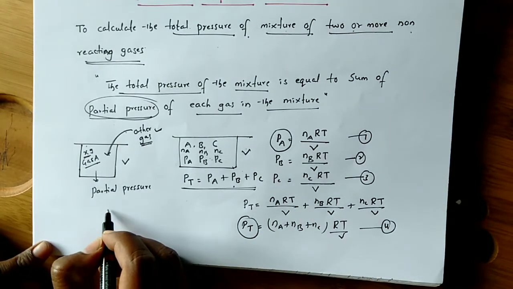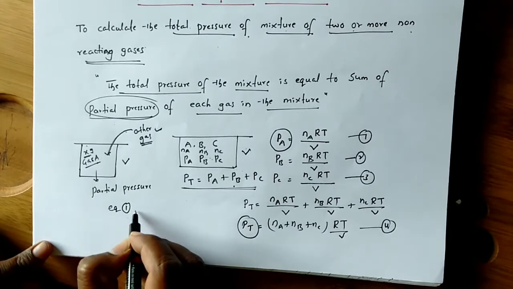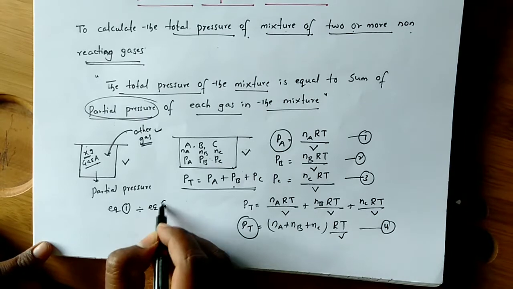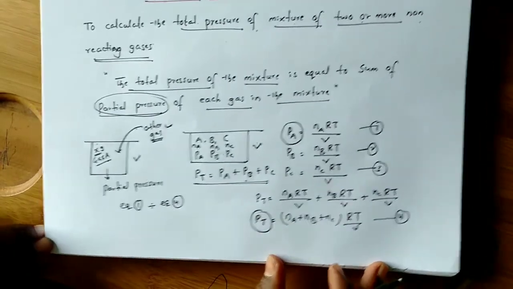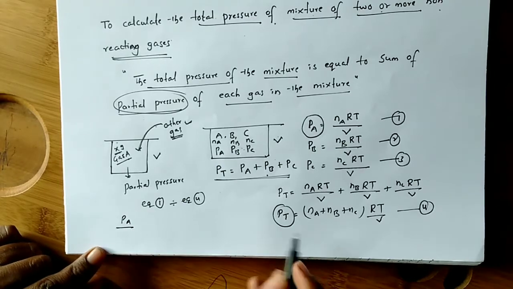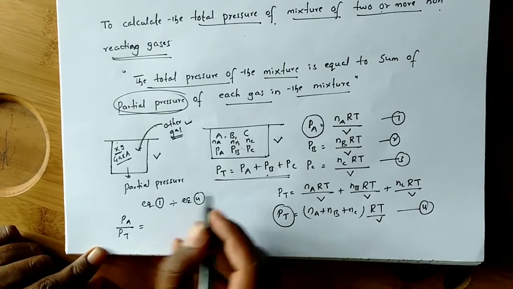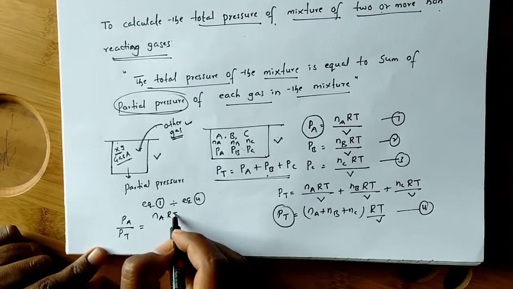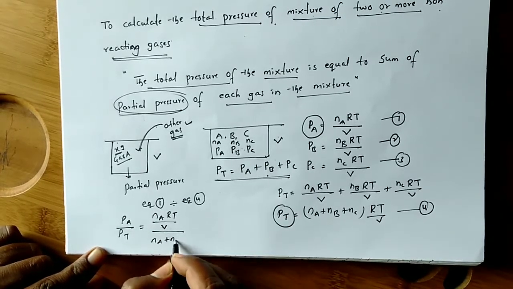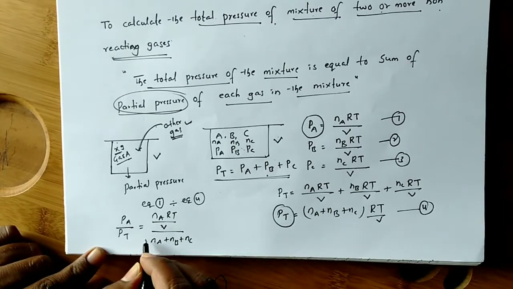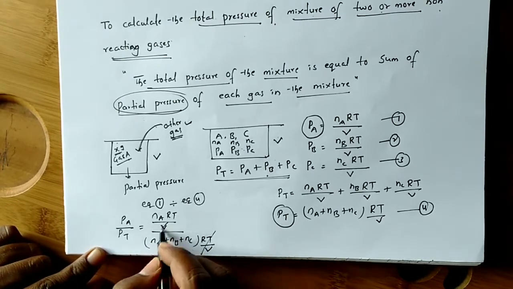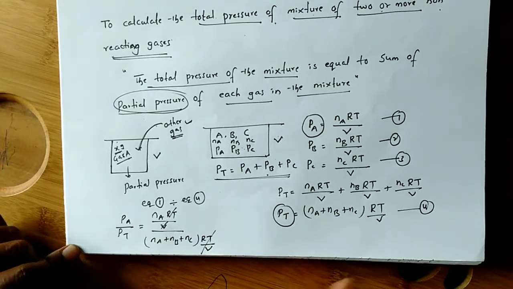Do equation 1 divided by equation 4. So PA by PT equals Na RT by V divided by (Na plus Nb plus Nc) RT by V. So RT by V cancels here.